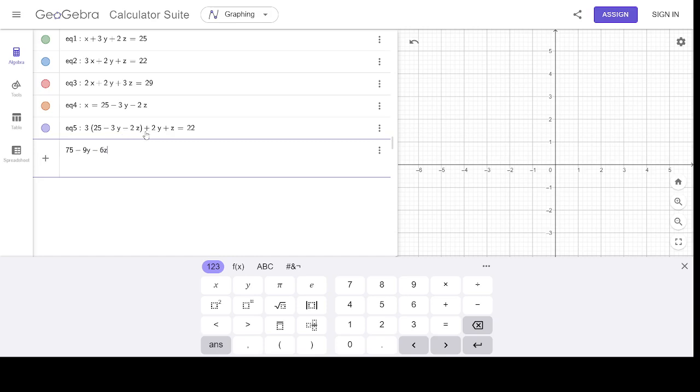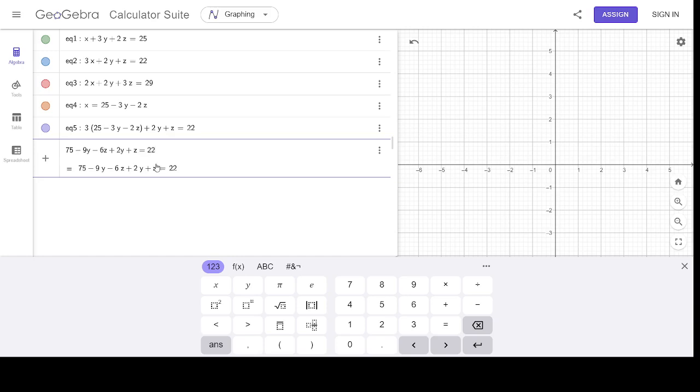So basically what we've done is open this bracket. 3 times 25 is 75, then take note of the sign, it's minus 3 times 3 is 9y, then again minus 3 times 2 is 6z. Then we add the other terms, plus 2y plus z is equal to 22.